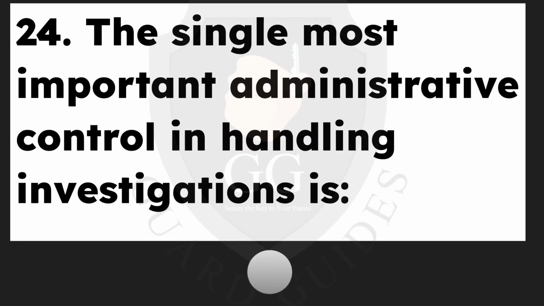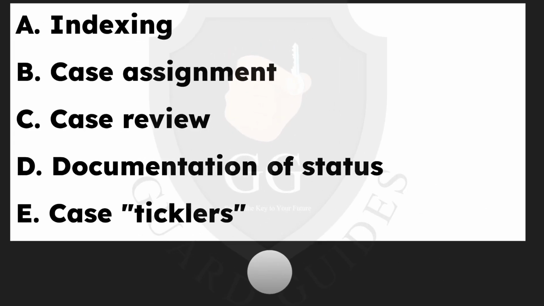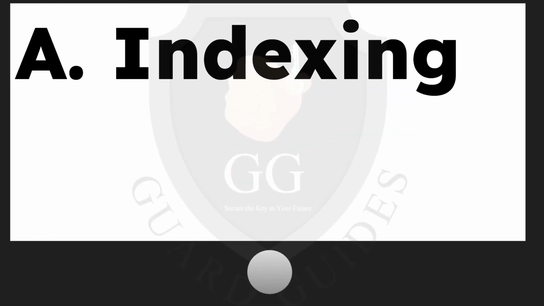The single most important administrative control in handling investigations is A, indexing, B, case assignment, C, case review, D, documentation of status, or E, case ticklers. The answer is A, indexing.